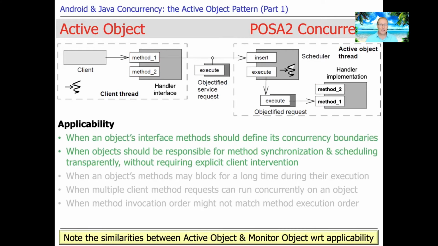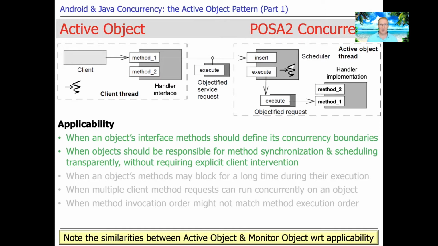Now, it's worth noting the similarity here between some of these applicability dimensions for the active object, comparing and contrasting how they relate to the monitor object. So if you take a look here, you can see that the first couple of applicability dimensions, having the methods be the concurrency boundaries and making the object implementation responsible for synchronization and scheduling, that's really the same thing that we have with the monitor object pattern.